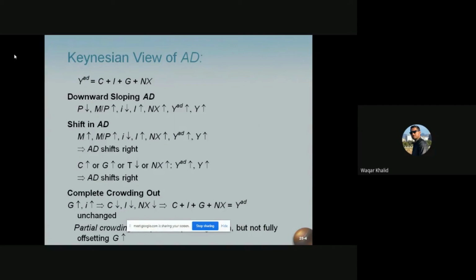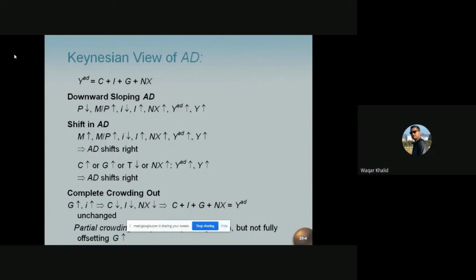So the lower value of the dollar makes domestic goods cheaper. Why? Because prices are lower in the United States. If prices are low in the United States, the product prices of the United States are cheaper because of the lower value of the dollar.